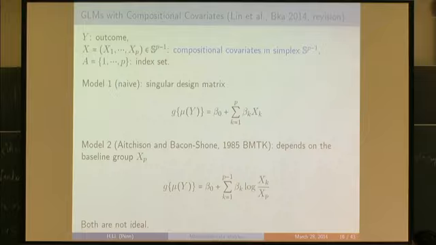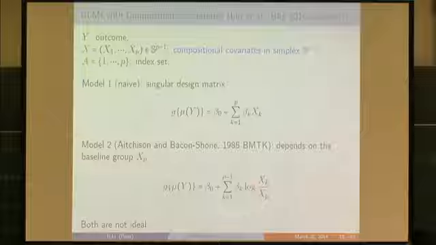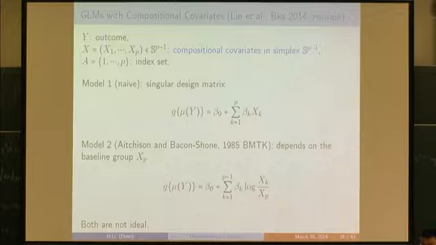He said what really matters is the relative ratio of two components that are related to the outcome Y. This is a very good idea. Now you reduce the number of regression parameters from P to p-1. That's how you get rid of these constraints. Now with your log of the ratio, there are no constraints anymore, right? So you can do the standard regression analysis.